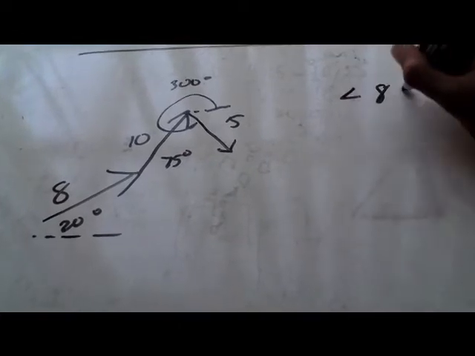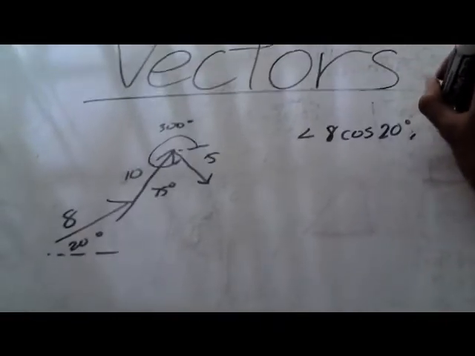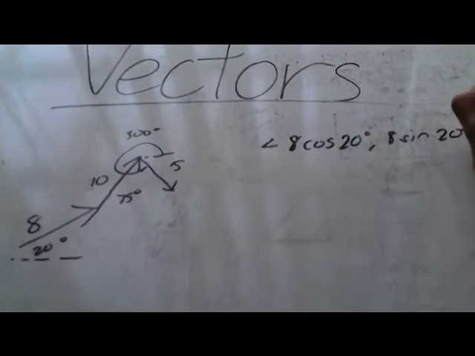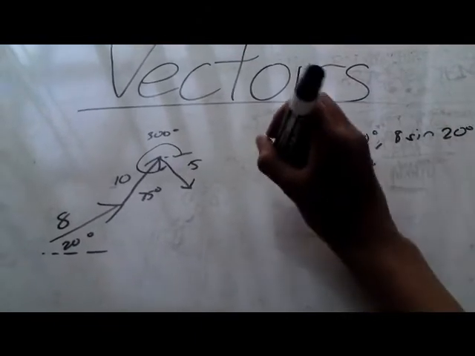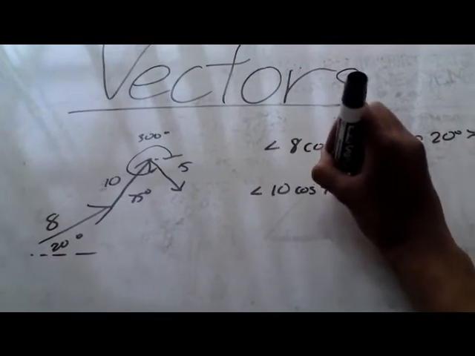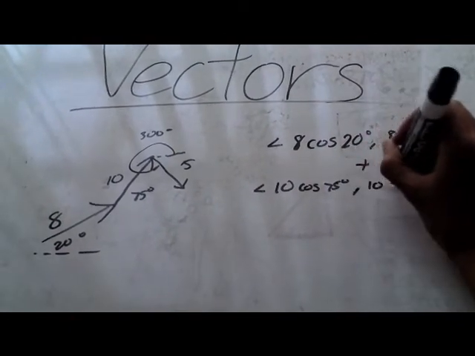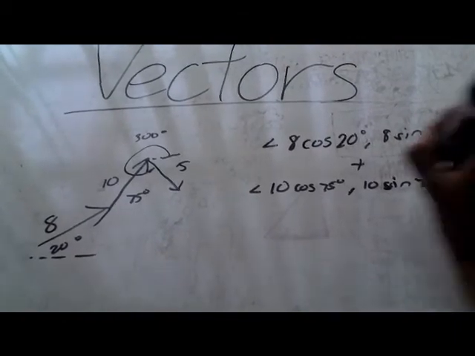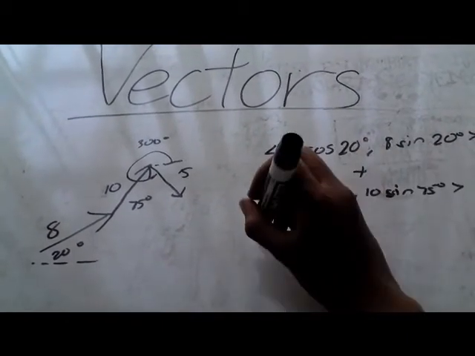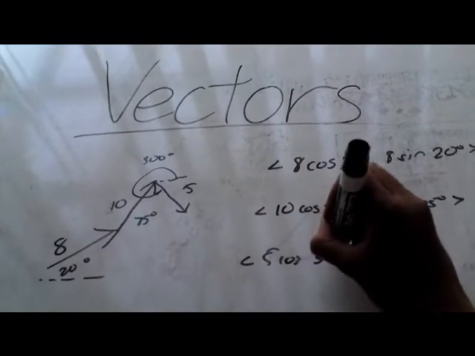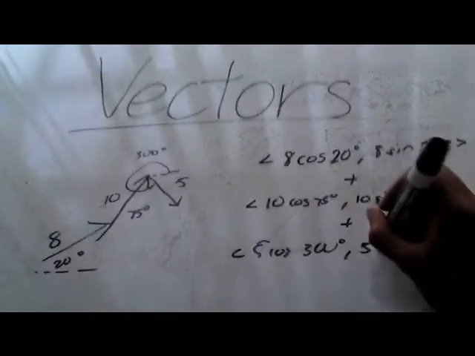So what you have to do is find all the components of each vector, and after you do that, you can add them together. I'm just getting the components of the first vector right now, using cosine and sine, and I'm finding the components of the second vector. Make sure your calculator is on degrees mode when you're doing this, or else you're going to get a different answer.